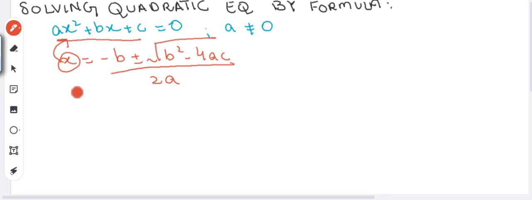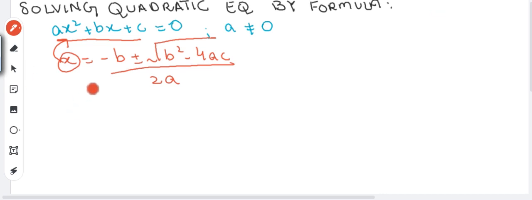So let me do an example for you all to make this concept easier. I'm following the book of the O levels curriculum, D3 New Syllabus Mathematics.